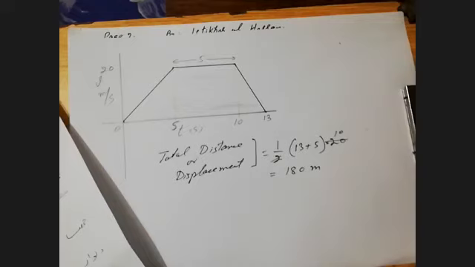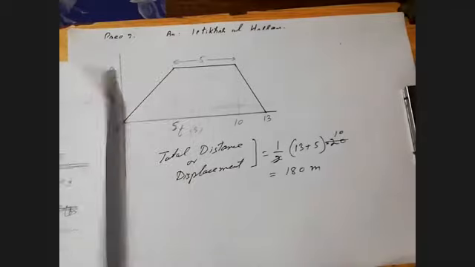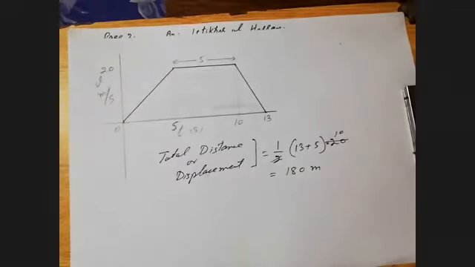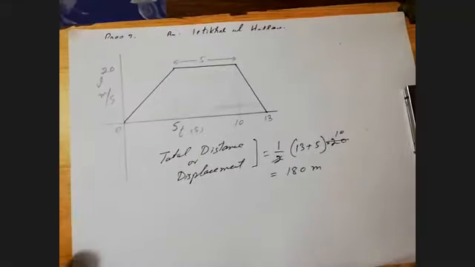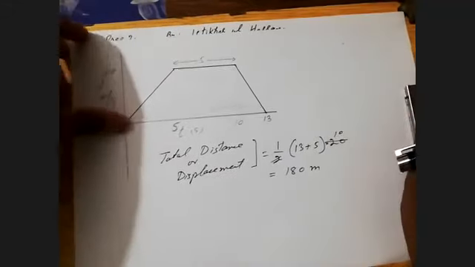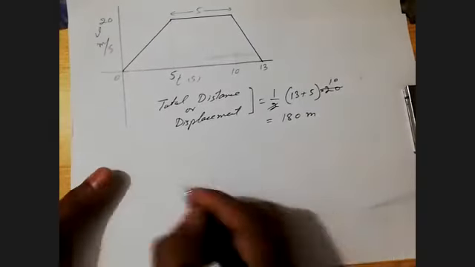How will we know where to put the upper line? Somebody is asking me how to put the upper line. Actually, I have given you an example of a speed time graph. If this type of graph is given, let me give you another example, and I'll ask you what the distance traveled is.